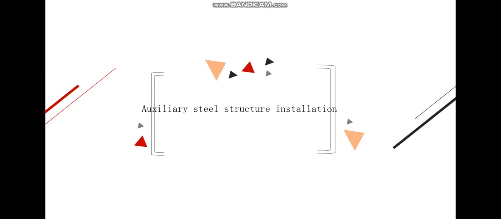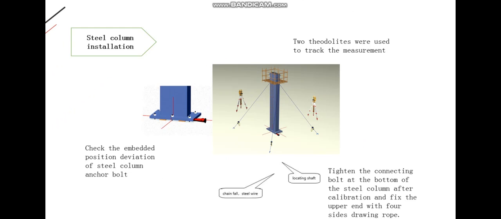Next, we will explain the auxiliary steel structure installation. Steel columns, in the process of lifting and correction, first need to go through acceptance before installation of the measurement control network, to check the steel column anchor bolt embedded position deviation.